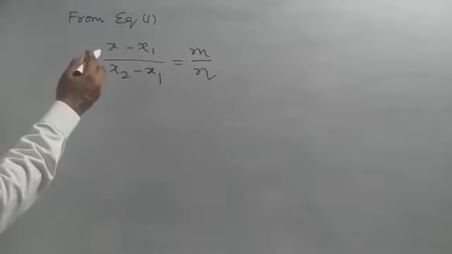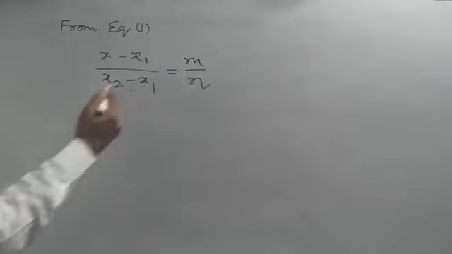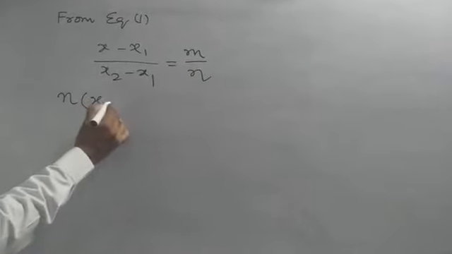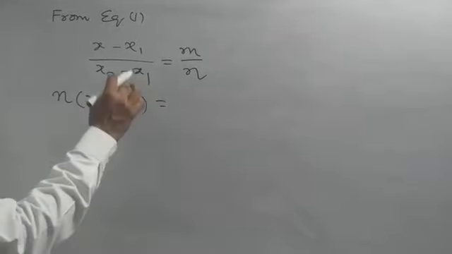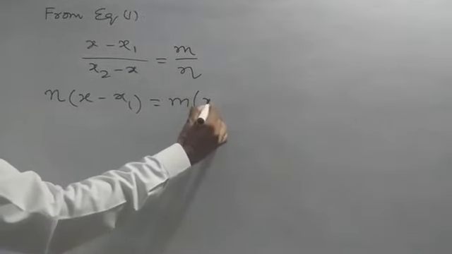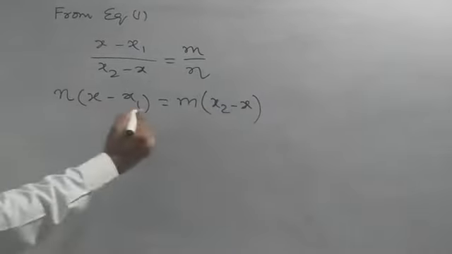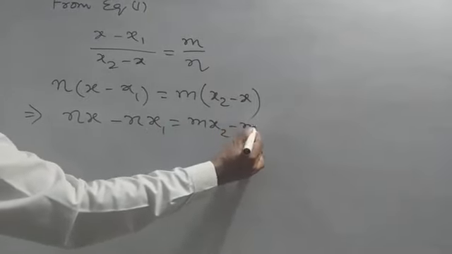From equation 1, x minus x1 by x2 minus x equal to m by n. If you cross multiply, n of (x minus x1) is equal to m of (x2 minus x). If you expand, nx minus nx1 equal to mx2 minus mx.